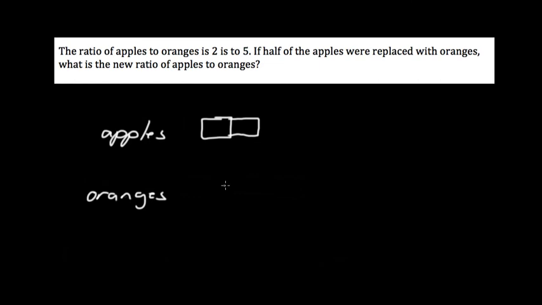Okay, next problem. The ratio of apples to oranges is 2 is to 5. If half of the apples were replaced with oranges, what is the new ratio of apples to oranges? So let's try solving that by once again drawing the ratio using boxes. So what does the ratio say? For every 2 apples, there are 5 oranges.